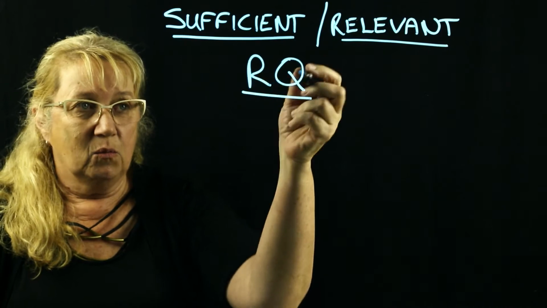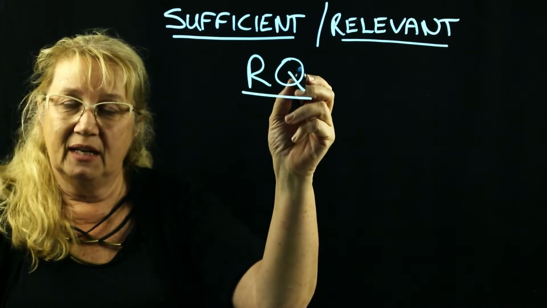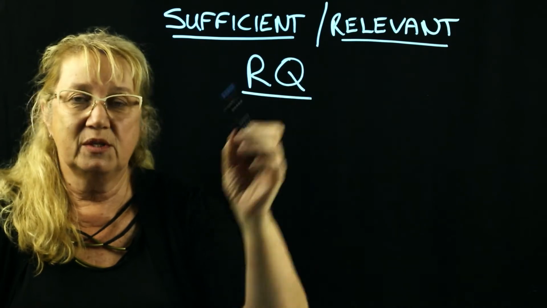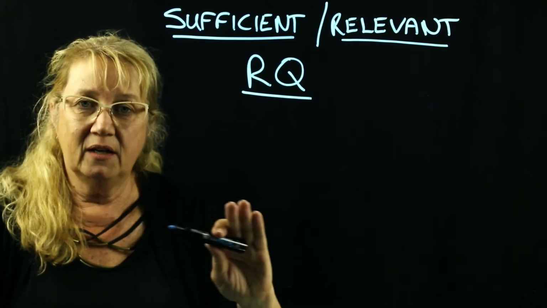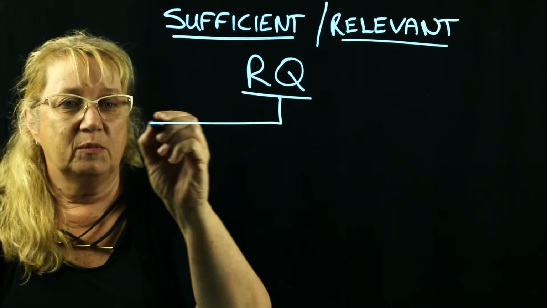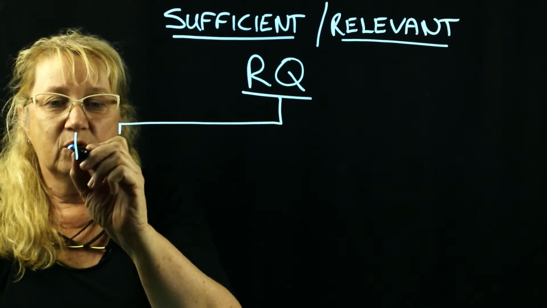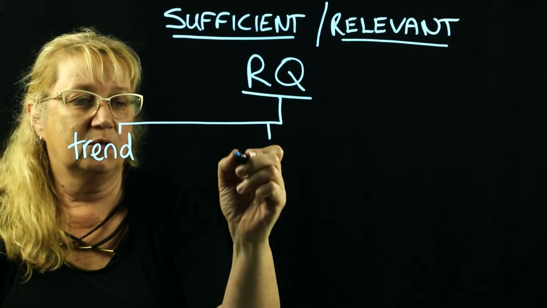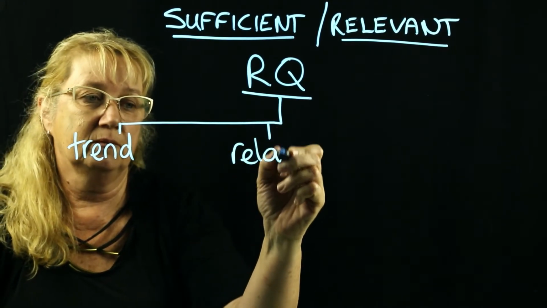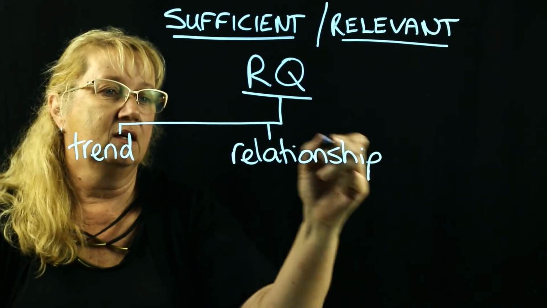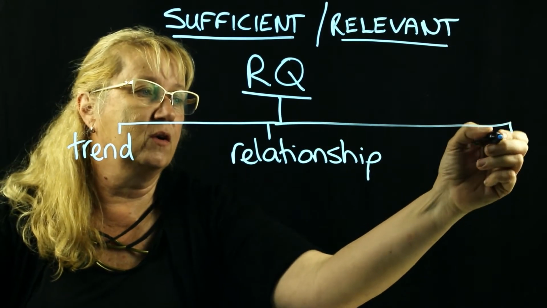So then once you have established that, and I can't emphasize this enough, you should be able to write down your research question without looking back any time. You need to now determine whether you're looking for a trend, a relationship, or a comparison.